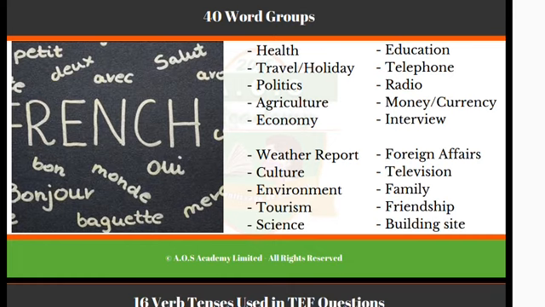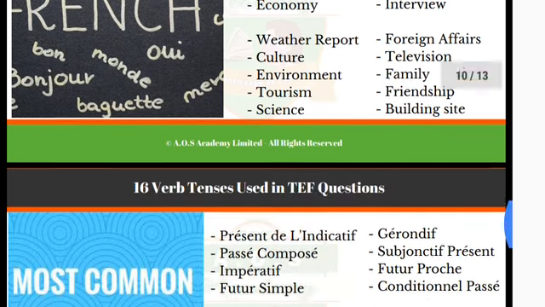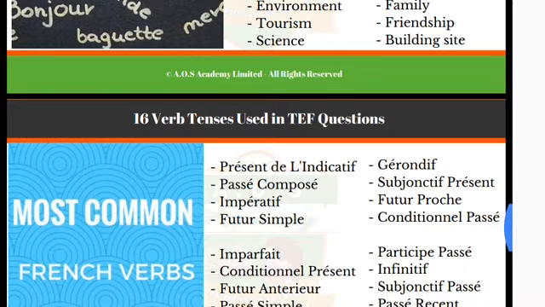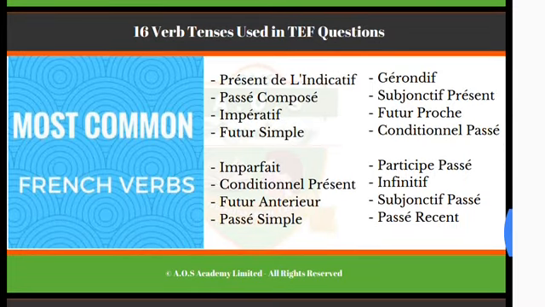These are all word groups that you could use to find out words under these classes, these classifications, these groups, and learn them by heart. It will really help you a great deal while you are taking the TEF Canada test.